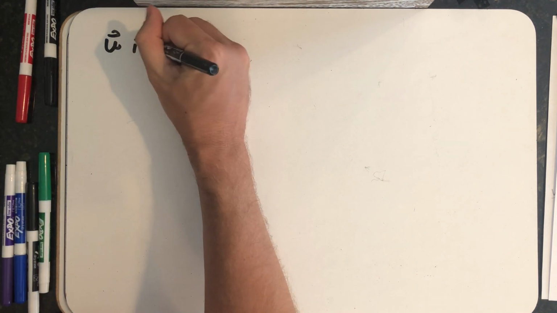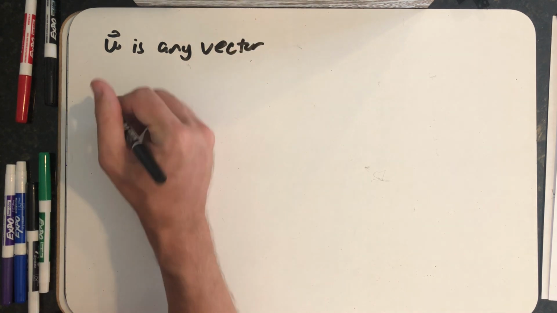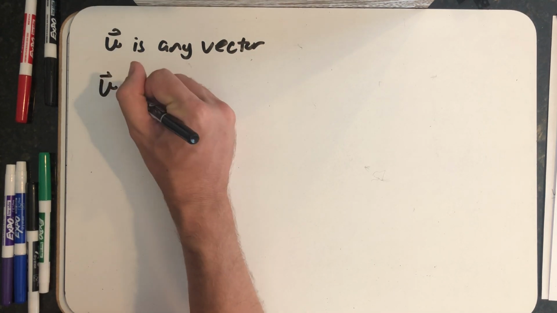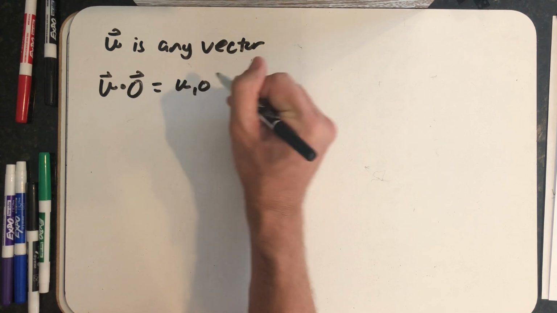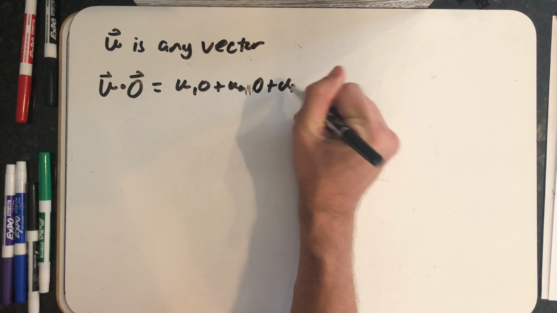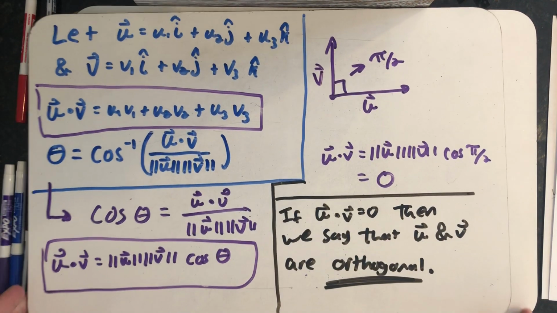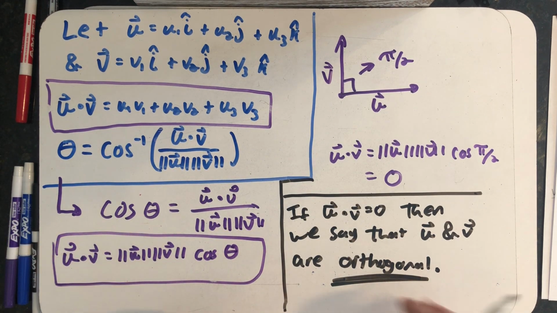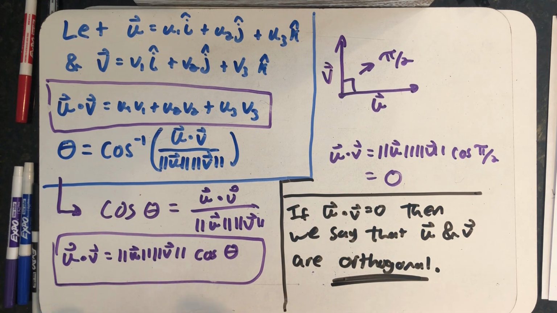If you let u be any vector, and then think about u dot the 0 vector. Well, that's u1 times 0 plus u2 times 0 plus u3 times 0, which is 0. And so I get this idea that the 0 vector dot anything is 0, so it kind of behaves like it's perpendicular to u.